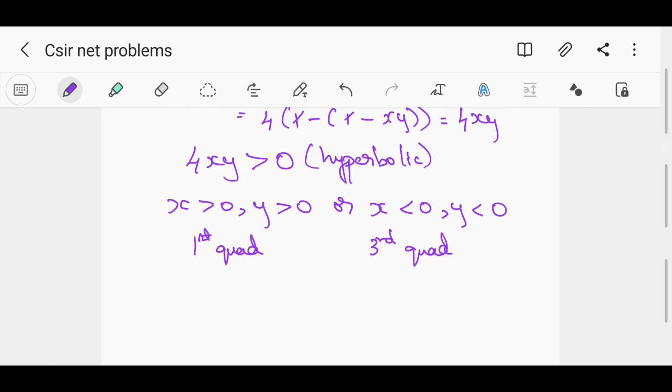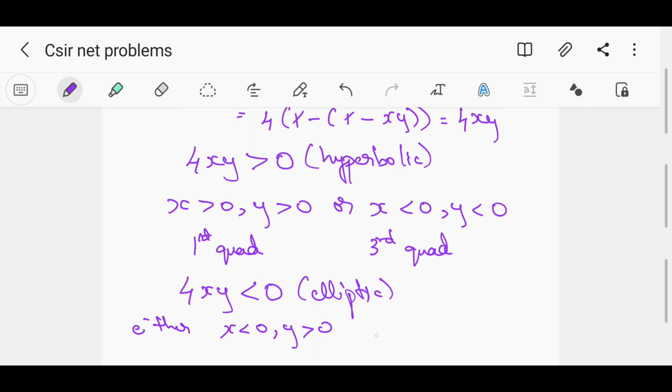We will also find out for the elliptic. That is, if 4xy is less than 0, then we say it is elliptic. So when will 4xy be less than 0? That is, either if x is less than 0 and y is greater than 0, or if x is greater than 0 and y is less than 0.